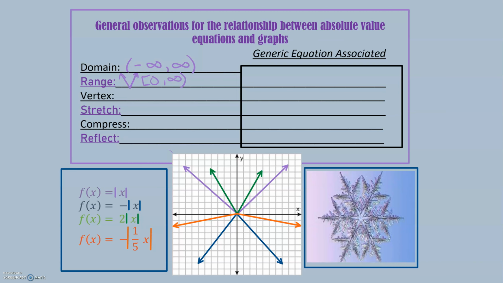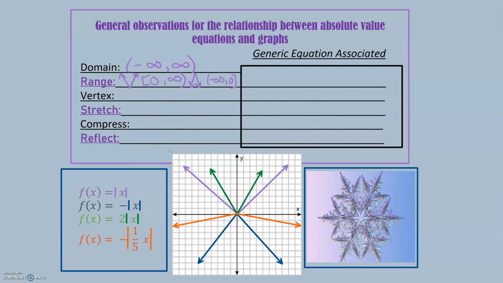If our absolute value functions point down or are negative in value, then our range is negative infinity to 0. So it depends on the shape, like if it's pointing up or pointing down. That's actually called the reflection.